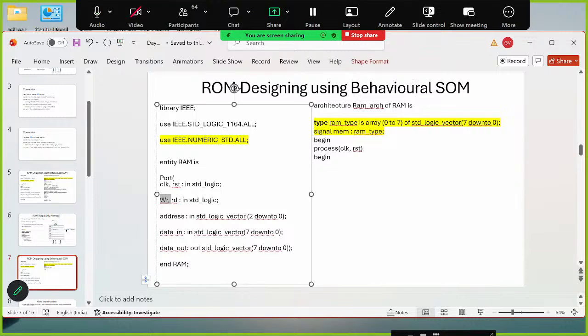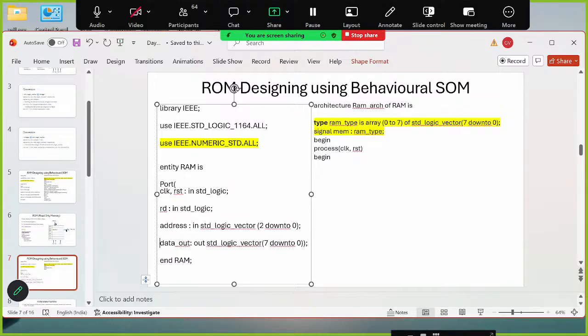Rest of the things are almost the same. Now you are given an assignment to write the logic for this. I hope you can do it. Yes or no?